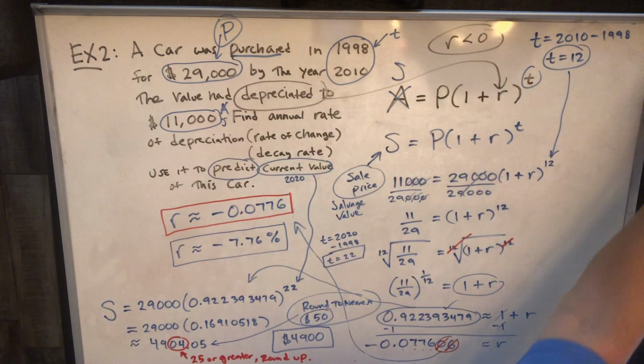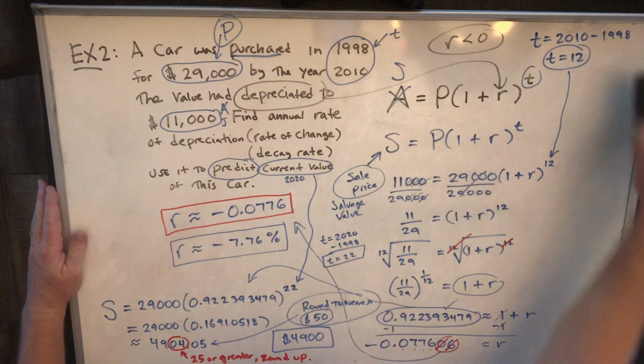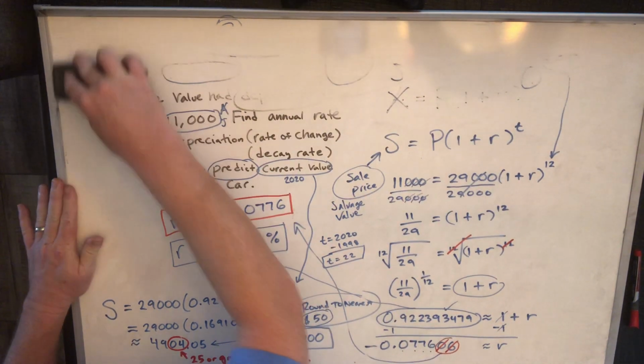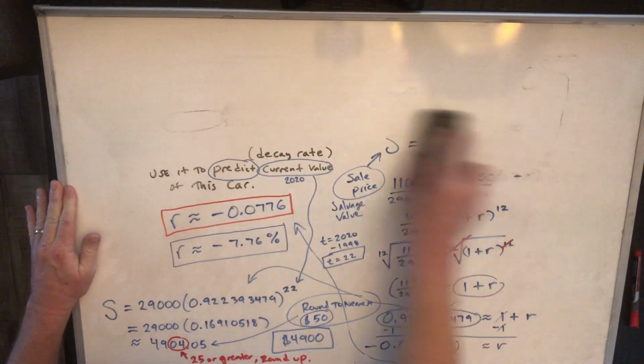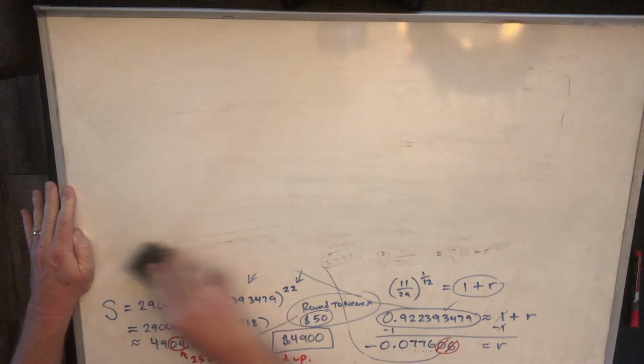Next, I just want to talk a little bit about the different formulas that we're going to use for the remaining examples. There are three formulas that all essentially do the same thing.